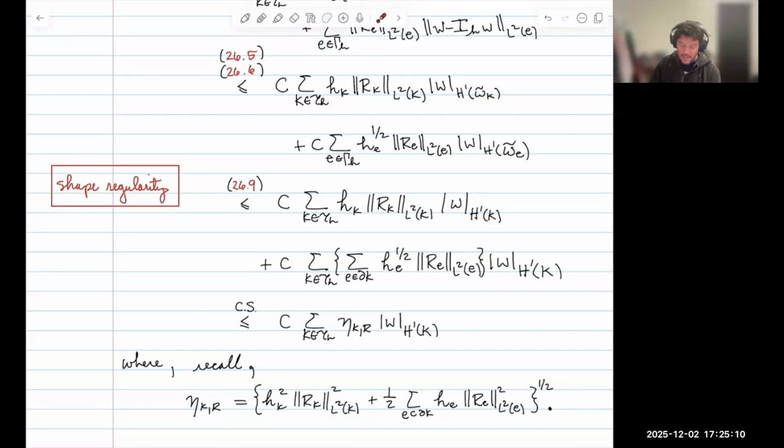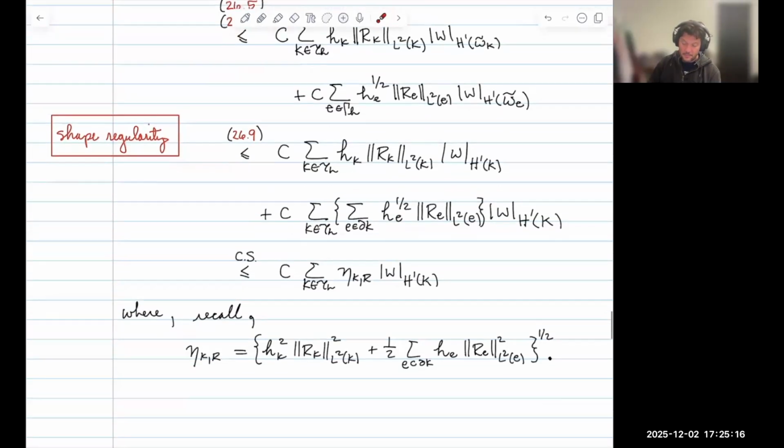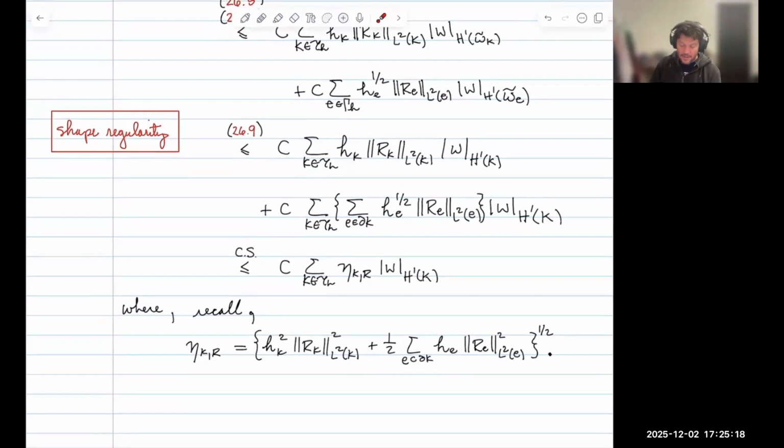Okay, so once I do that, I'm starting to look at something which looks a lot like the error estimator that I had. So now all I have to do is one conversion of this using a Cauchy-Schwarz inequality.